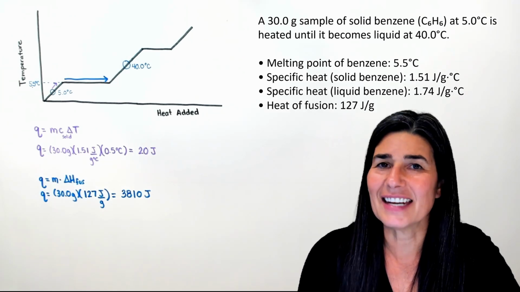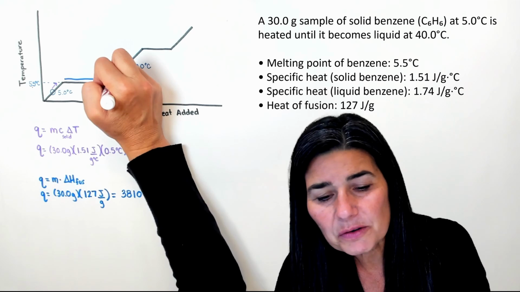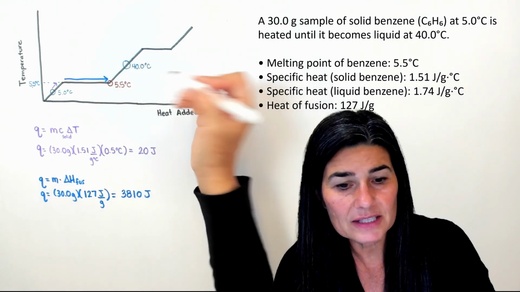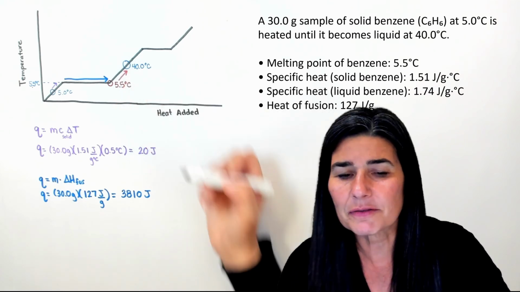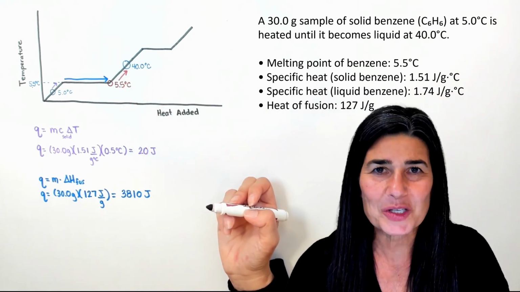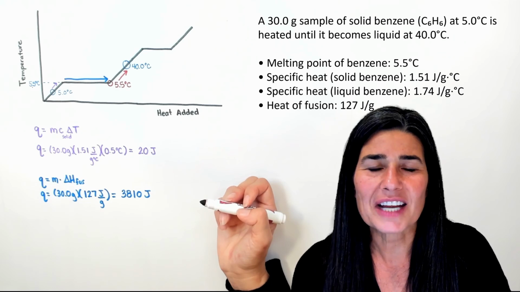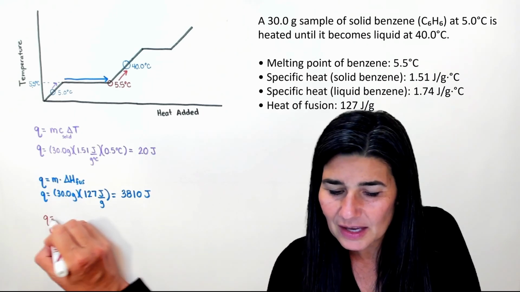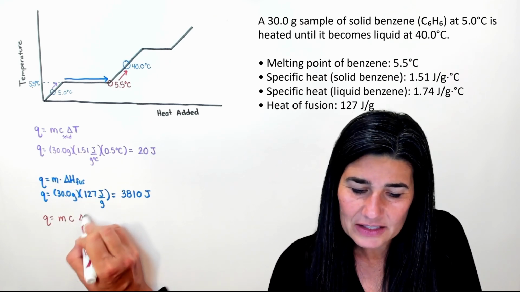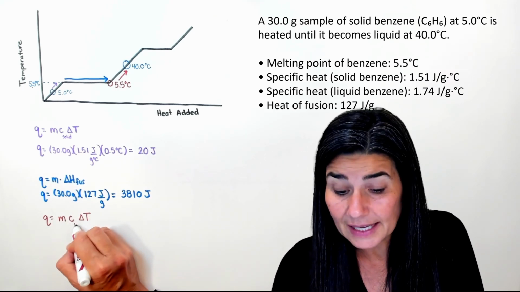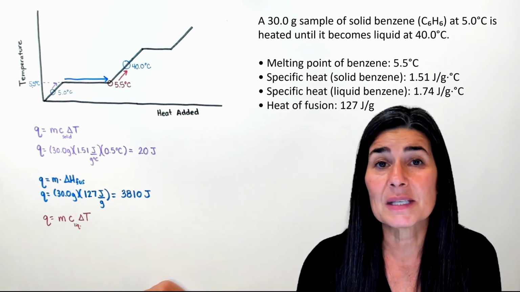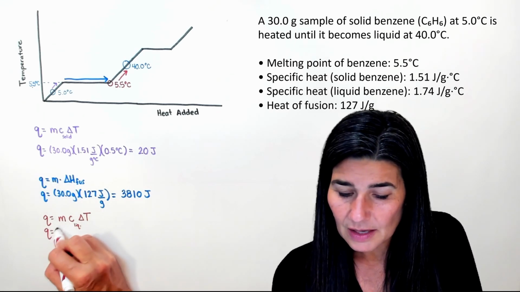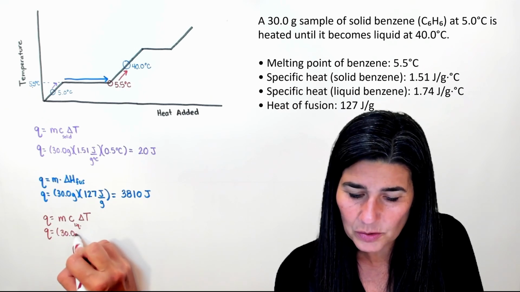Now let's look at the next temperature change. We're going to go from 5.5, the melting point, all the way up to 40 degrees. That's another temperature change, so we can use Q equals mc delta T. This time we're in the liquid phase, so we want to use the specific heat of the liquid, which was given to us. Q equals the mass, 30.0 grams.